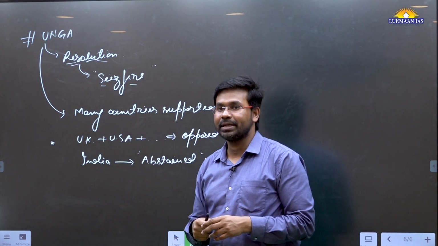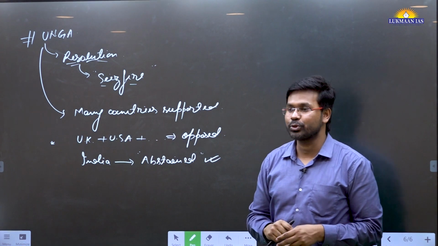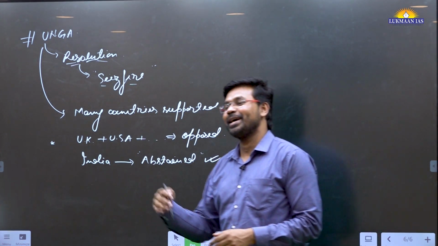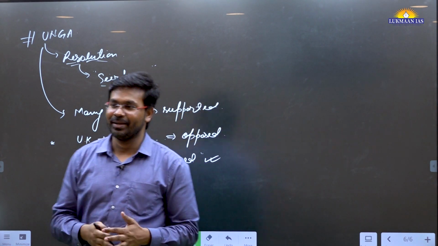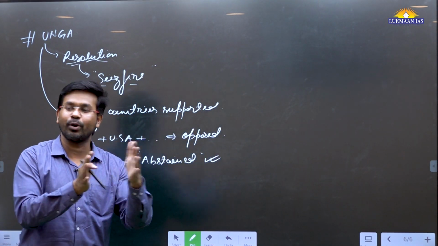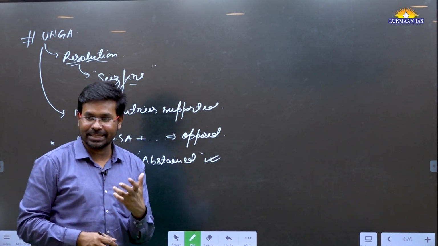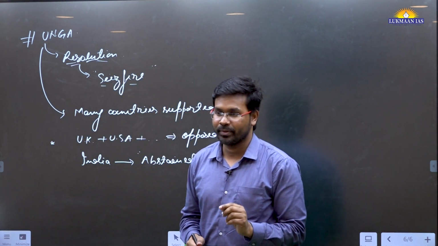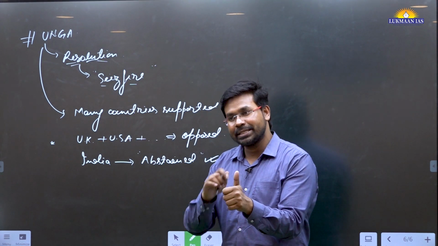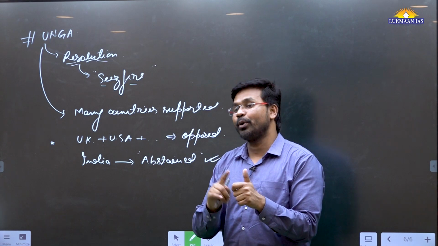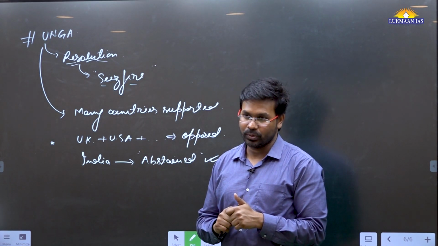Yesterday, day before yesterday, there was an article written by Sonia Gandhi in The Hindu. I've read that article. Today many political parties are also showing their stand. So what is India's stand related to the Israel-Hamas war? India has good ties with Israel. India has diplomatic ties with Palestine also.